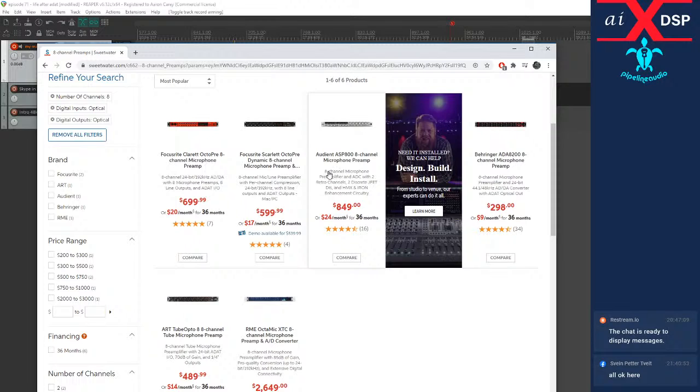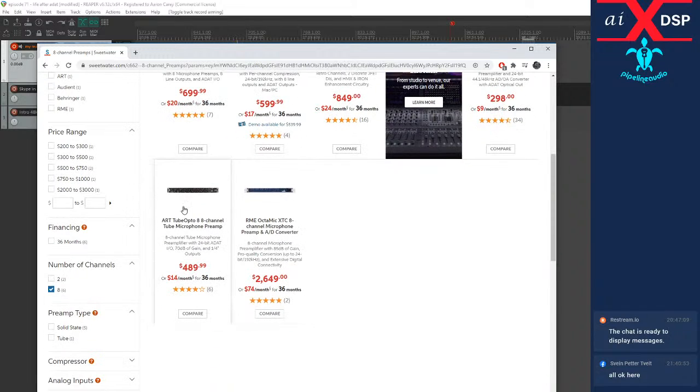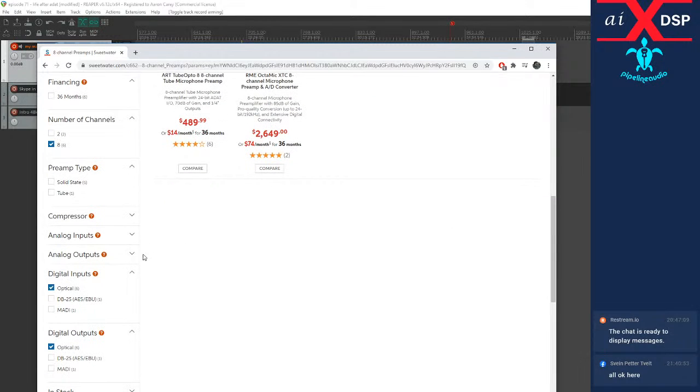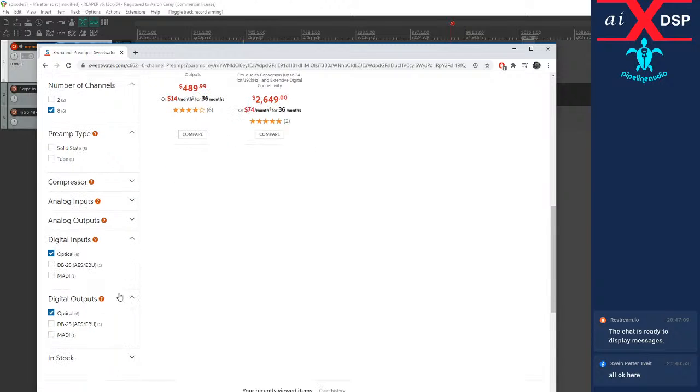The Behringer 8200, like we were talking about earlier. The Art Tube Opto 8 channel tube microphone preamp, and the RME Octamic. So yeah, if you want D to A, well, you're bummed, man. There's not very much stuff out there, which is crazy. I swear there used to be more.